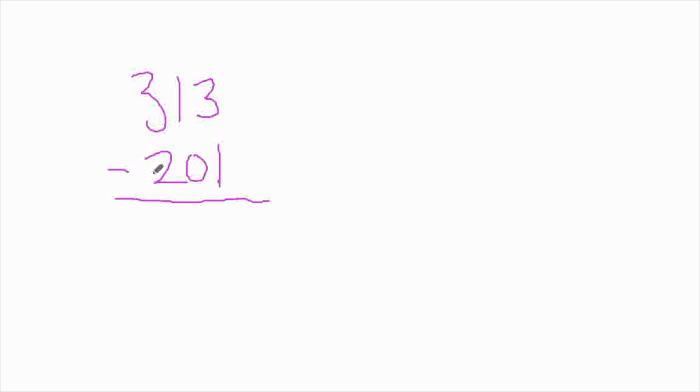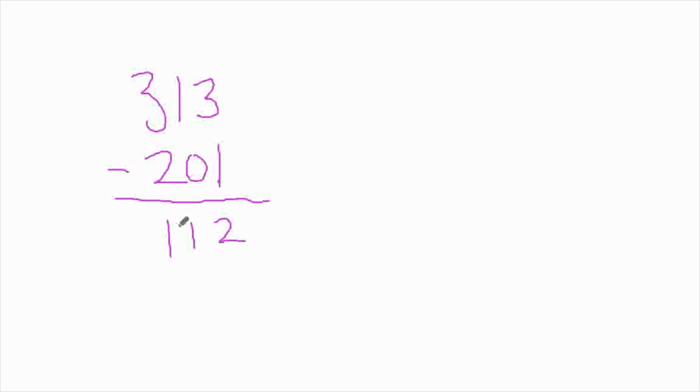What we're going to do is do the subtraction for each column separately, remembering that each column denotes different quantities. So 3 iPhones take away 1 iPhone, that gives 2. The next column, 1 packet of 10, take away 0 packets of 10, that leaves you with 1 packet of 10. And then 3 packets of 100 minus 2 packets of 100, that gives 1, so the answer is 112.